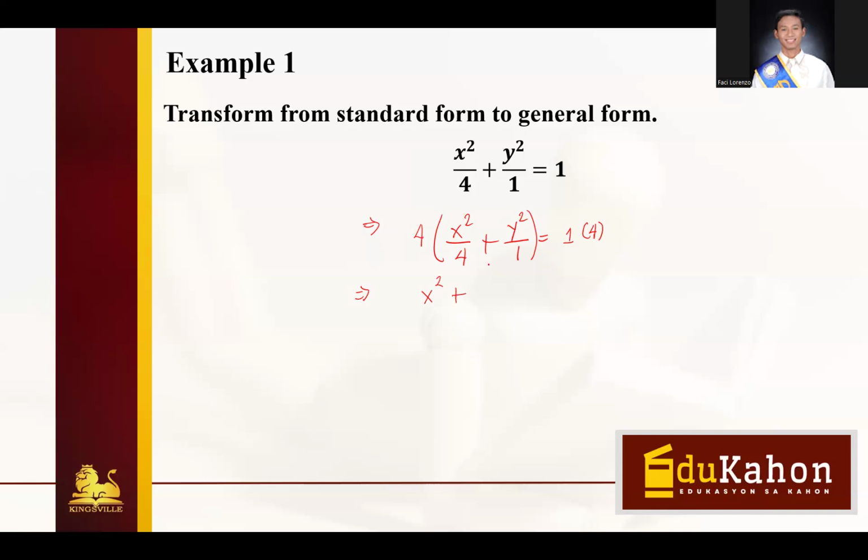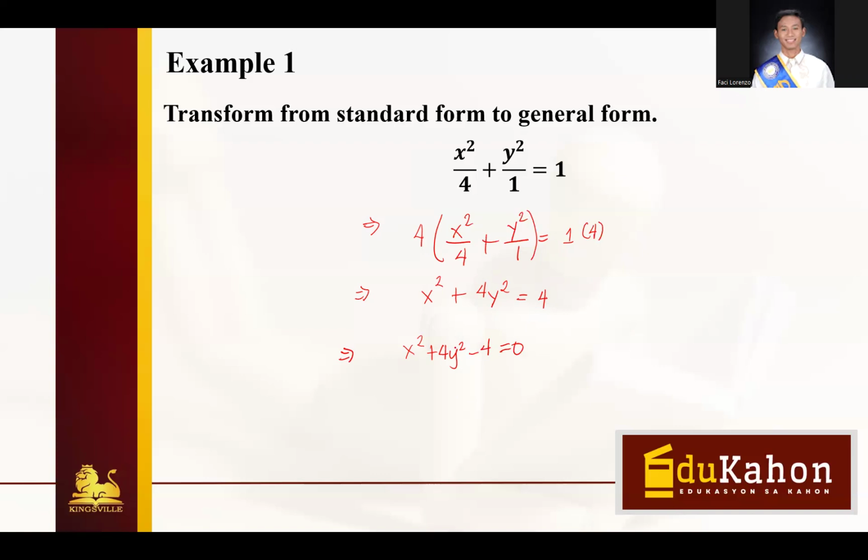Plus 4 divided by 1 is 4, and 4 times y squared is 4y squared. Then we multiply 1 times 4, and that is 4. And if you transpose positive 4 to the left side of your equation, we have x squared plus 4y squared minus 4 is equal to 0.